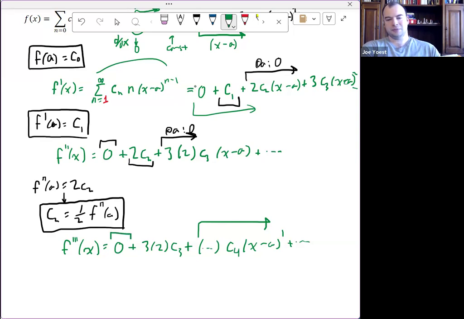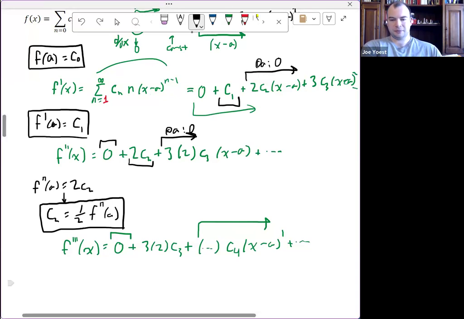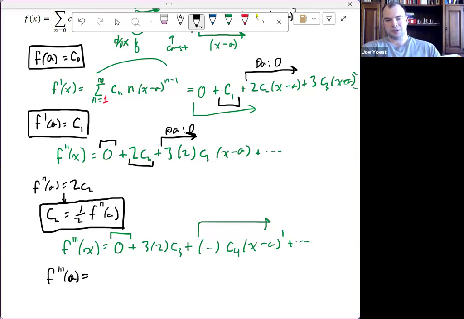This is 0 if I plug in x equals a. I get f triple prime of a equals, this is the only bit that survives, 3 times 2 C3. Or it tells me C3 is 1 over 3 times 2 f triple prime of a.